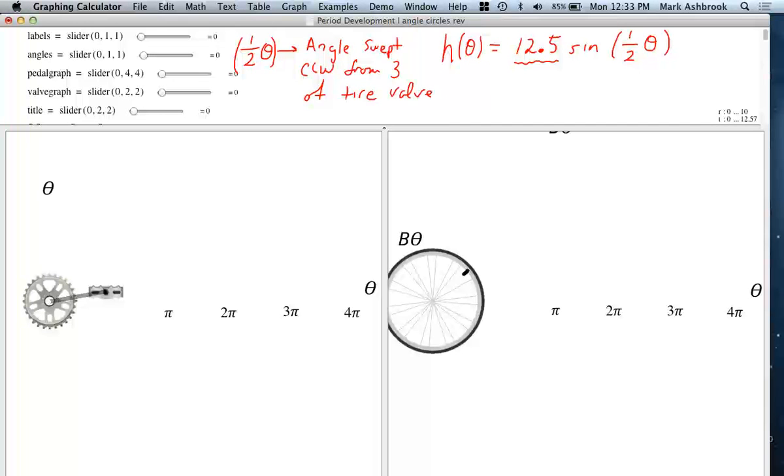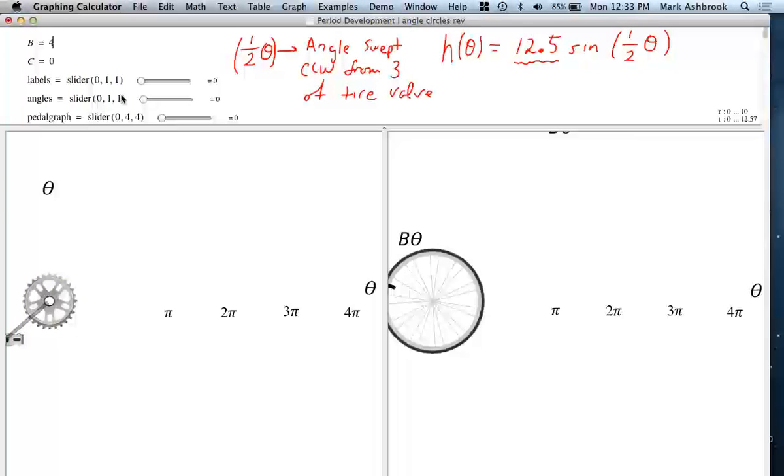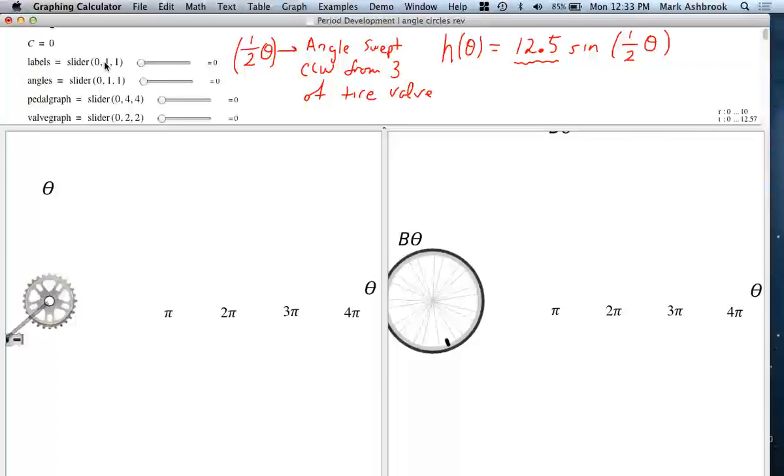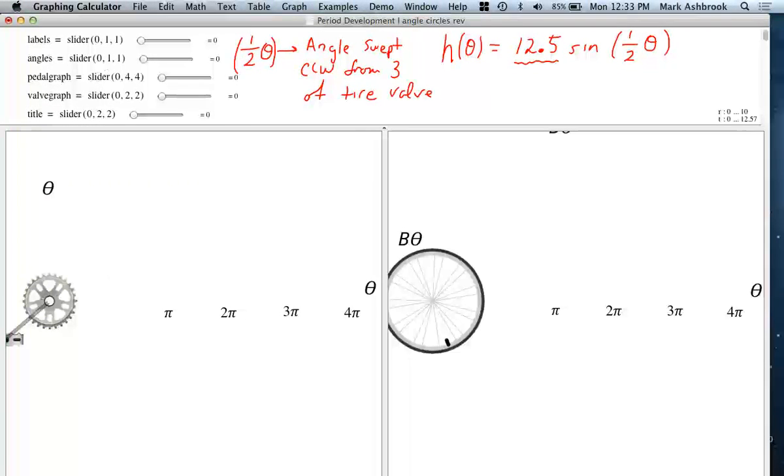So is it slower or faster? Slower. Sweeping angles in the pedal, you see that the tire valve is going slower.